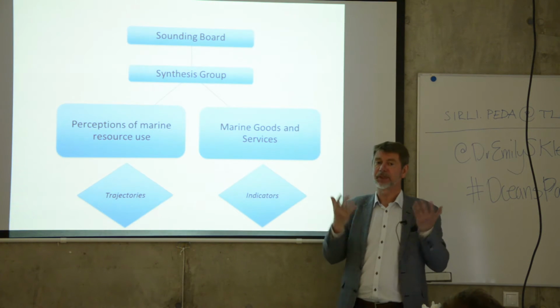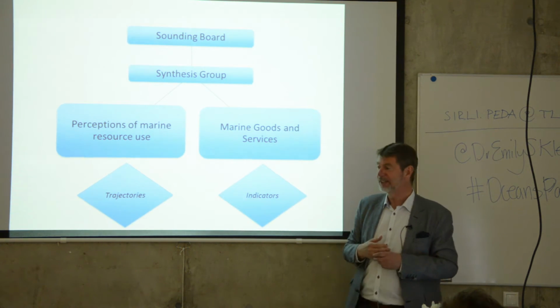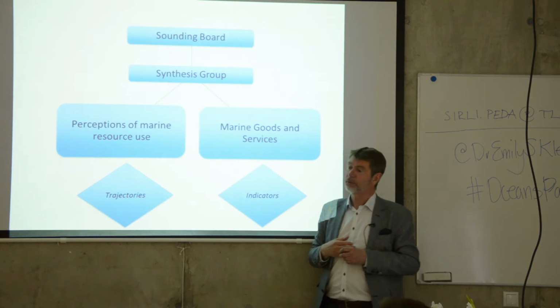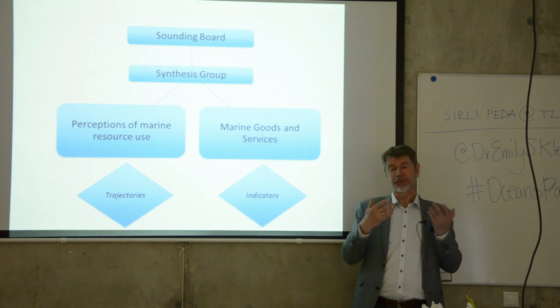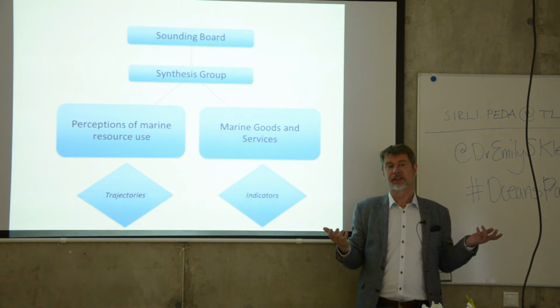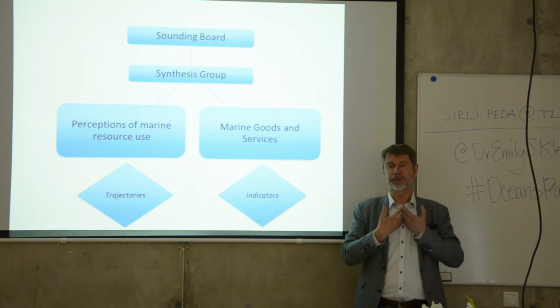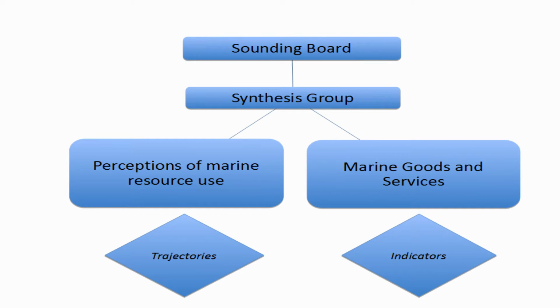Therefore, we are establishing a sounding board which will consist of both researchers and managers to make sure that the two groups meet. We will also have communicators, people from museums, archives, and media people to make sure that we really encompass the full breadth of the information sources and information channels.